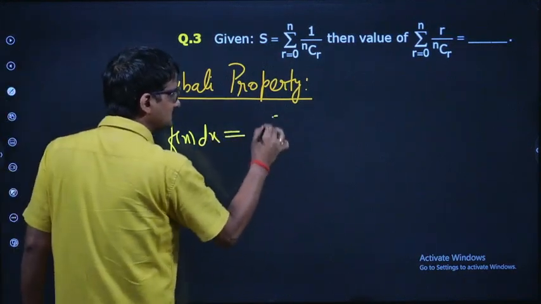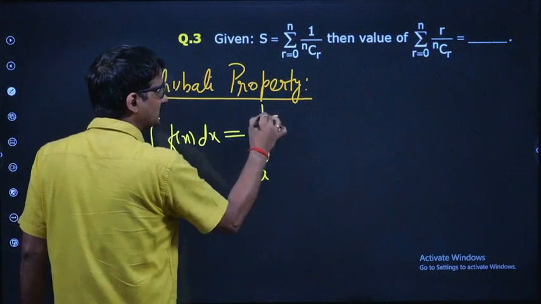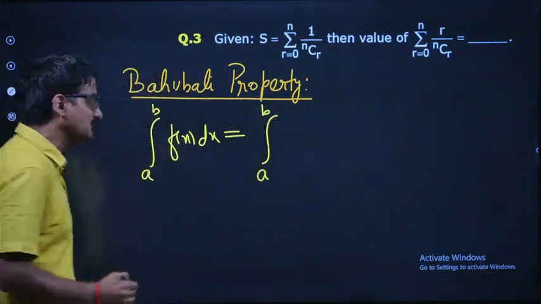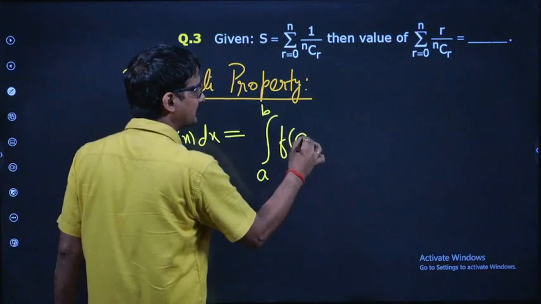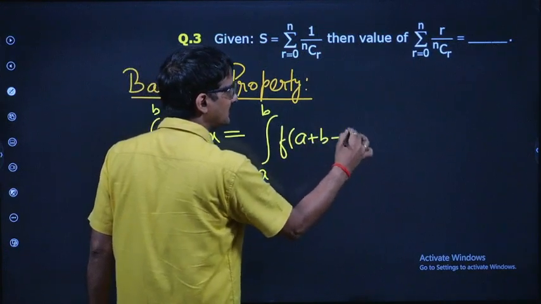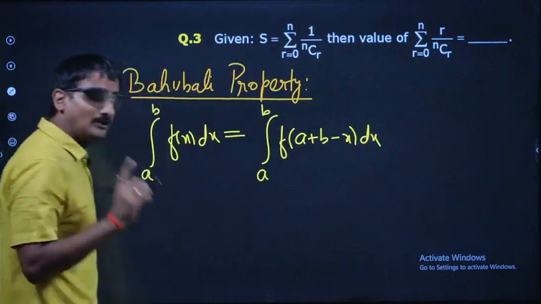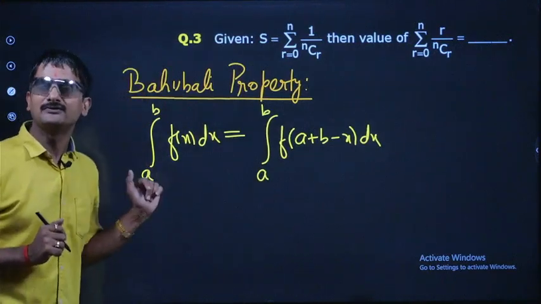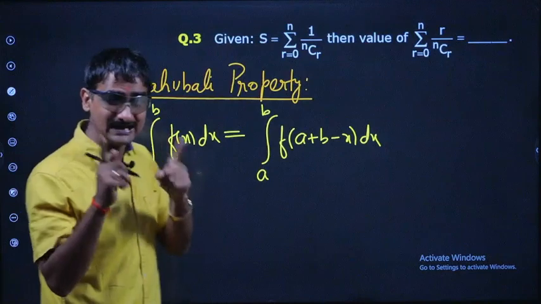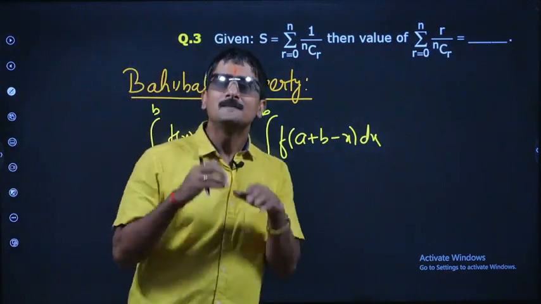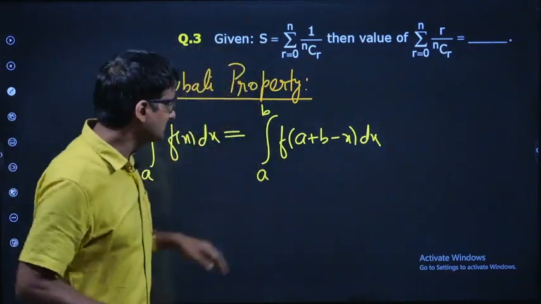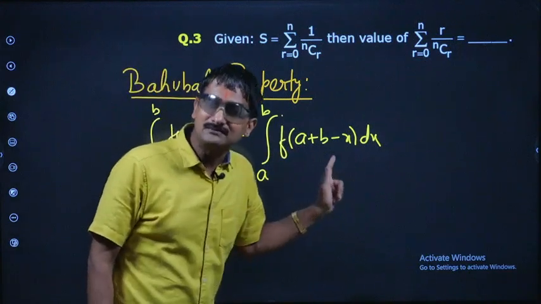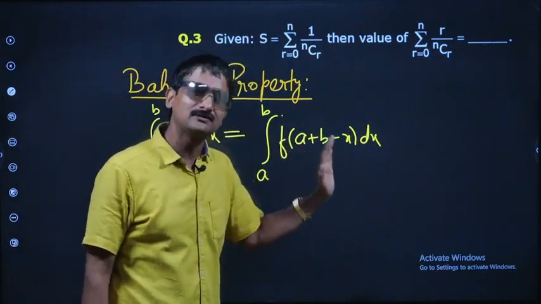Now the property says that it is equal to the integral from a to b itself, but if you replace x by the sum of the limits minus variable. The variable of integral is x, the sum of limits is a plus b. So if you replace x, the variable of integral, within the function, by sum of limits minus the variable, a plus b minus x, the value remains same.